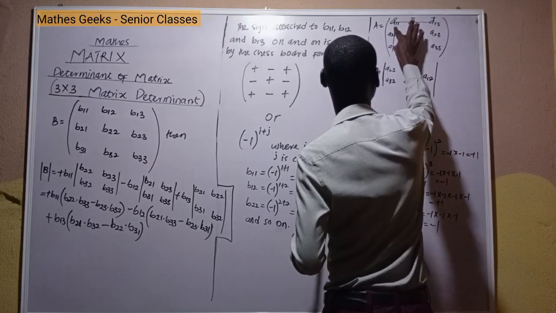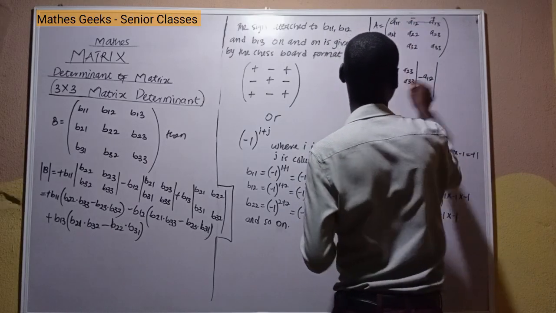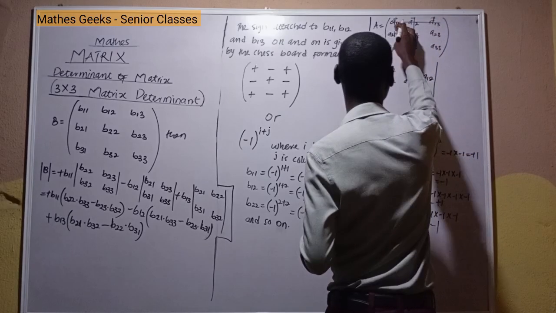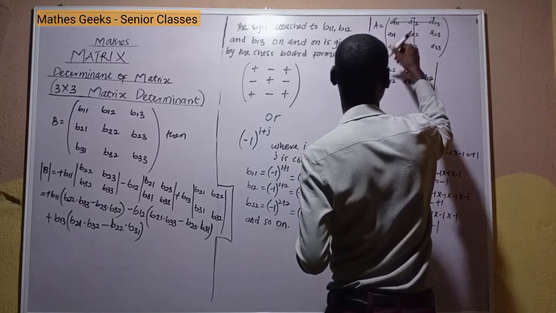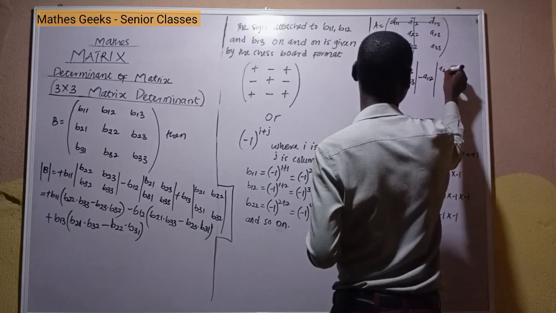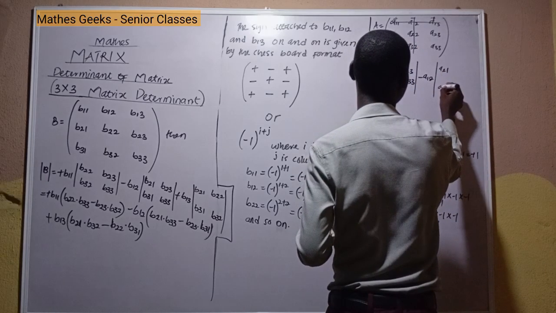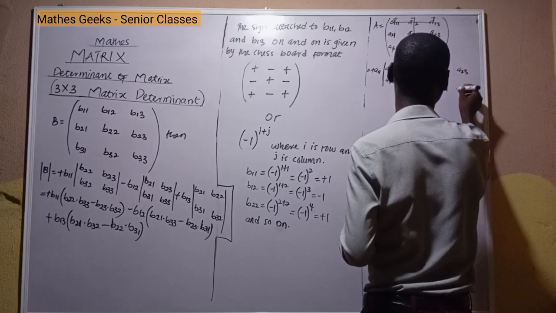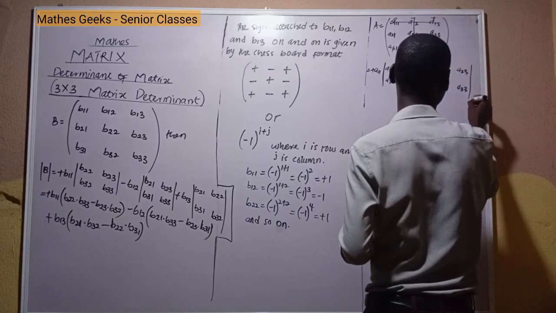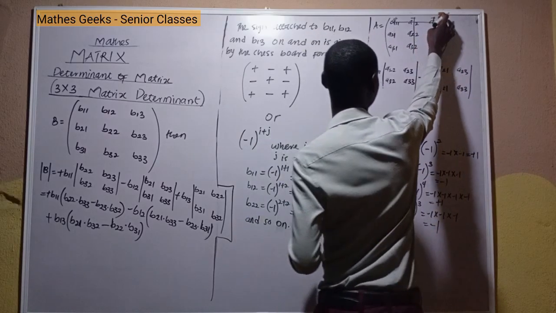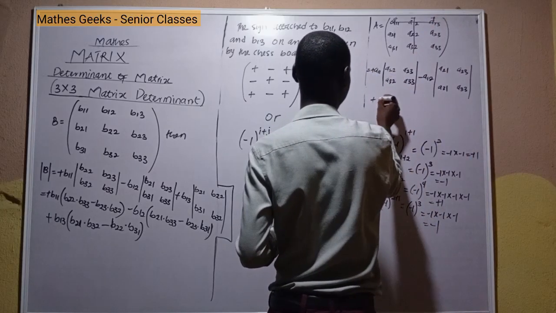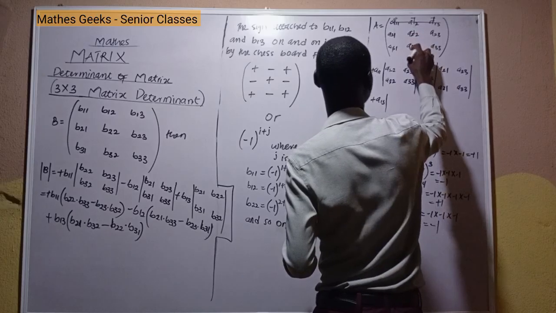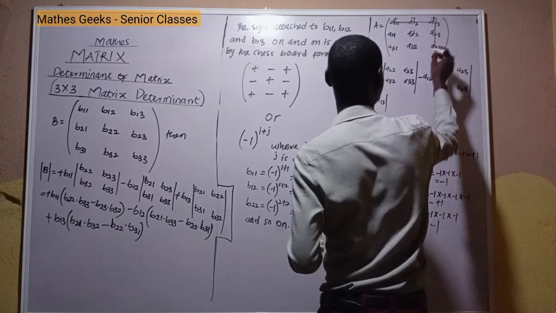In this particular case, you strike out the first row and the second column. So you are going to have A21, A31, A23, A33. The third one is plus A13, and this time around it is the first row and the third column.